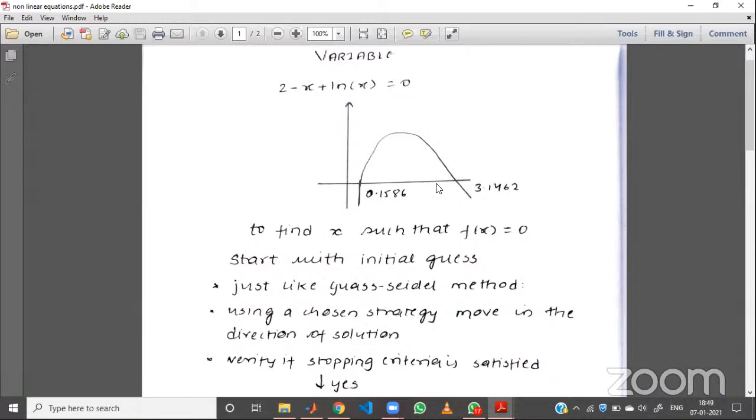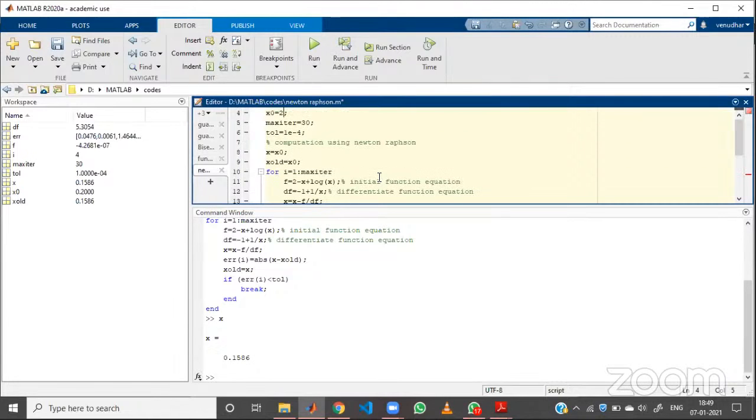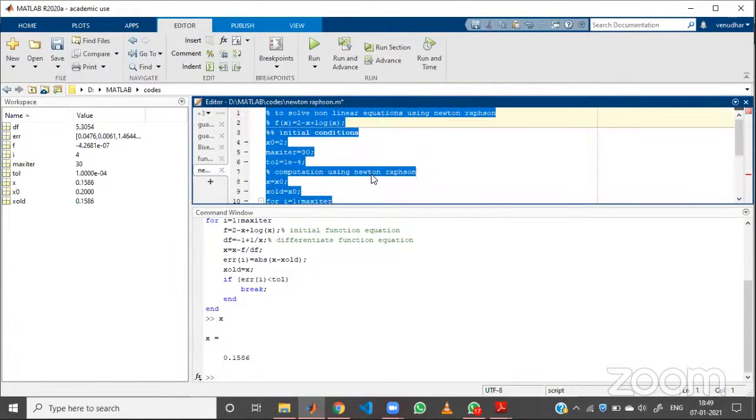Now if we take the initial value as, suppose, 2, then we will have the other solution, that is 3.1462. Let's just take the initial value as 2.